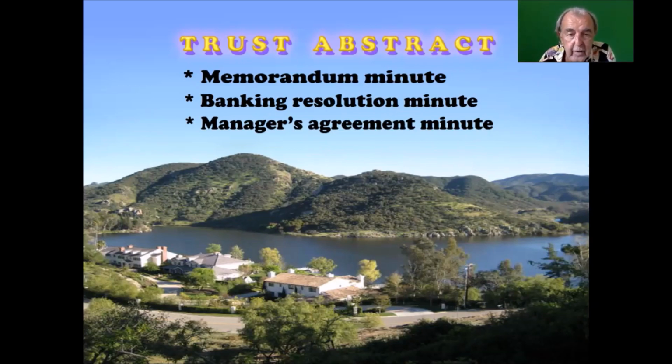If you are the grantor, you would have a contract that you sign and the trustees endorse, and it names you as the manager, and you would have that as part of the abstract. We're talking probably 8 to 10 pages in the abstract, depending on how I put it together for each particular client.